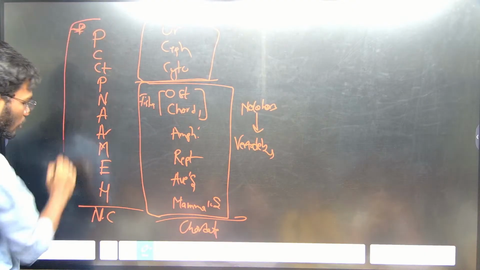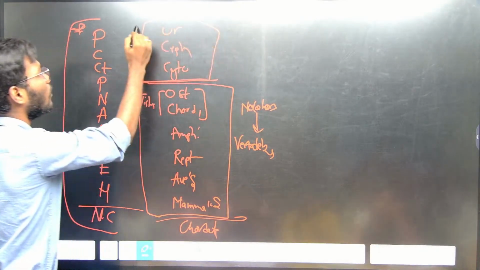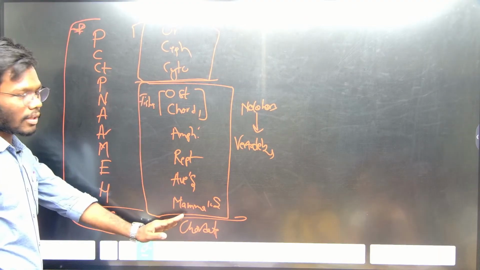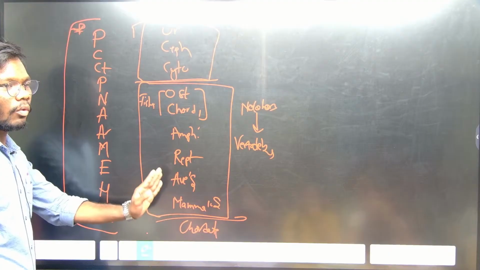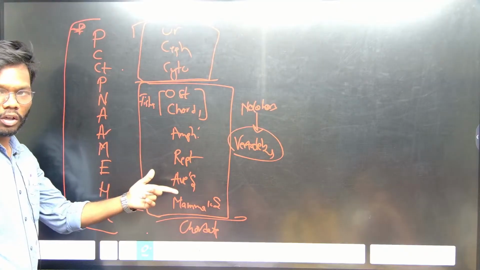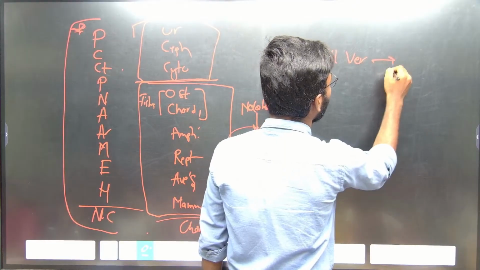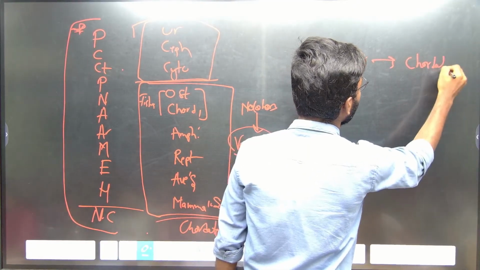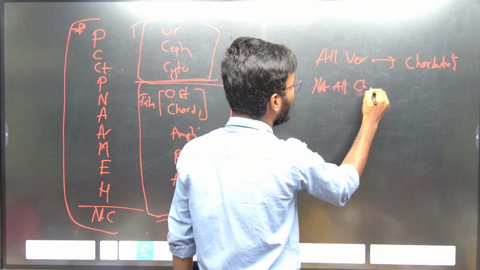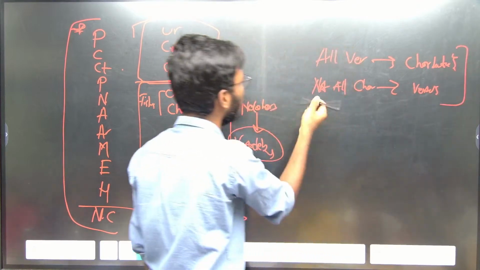But from hemichordata onward, exclusively, the earlier ones are non-chordates, while from Urochordata to mammals, all are chordates. But fishes to mammals are called vertebrates. So all vertebrates are chordates, but not all chordates are vertebrates. Remember, write this sentence. Understand why this statement is true?